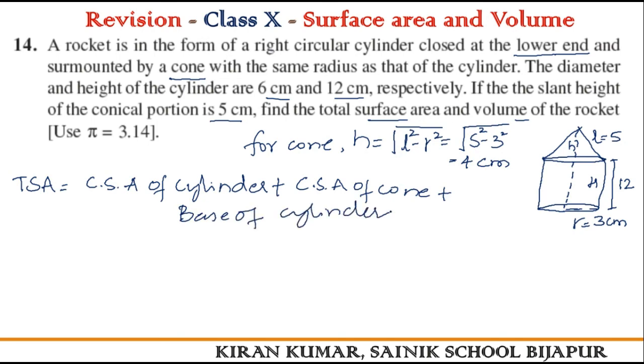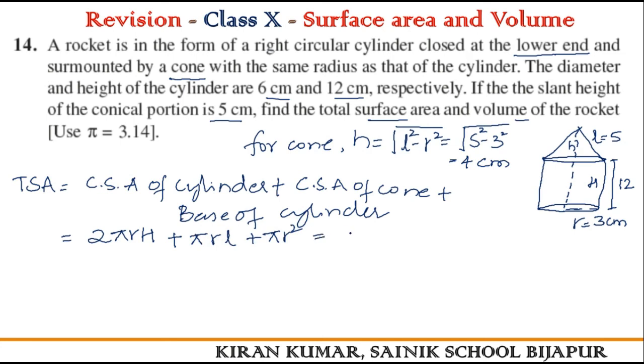Remember friends, here only one of the base has to be considered, not both the base, because one of the base is embedded inside. Only one of the base, which is downside, to be considered. The cylinder's curved surface area is 2 pi RH plus the cone's surface area is pi RL plus base is pi r square.